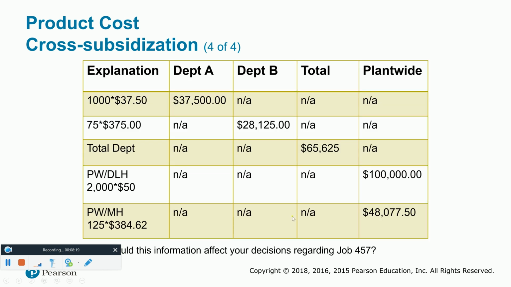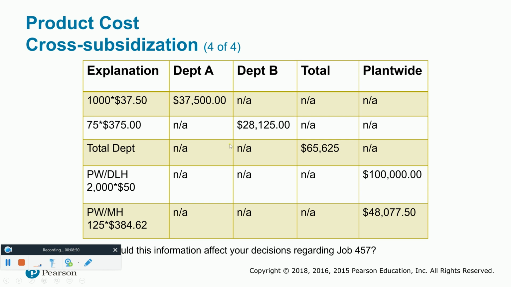So if we take a look at this example, in Department A, when we were allocating using direct labor hours, we had 1,000 direct labor hours times, if you remember, $37.50 per hour, which we calculated earlier as our predetermined rate. So for Department A, we would apply $37,500 in costs using the direct labor hours as our predetermined overhead rate cost driver.